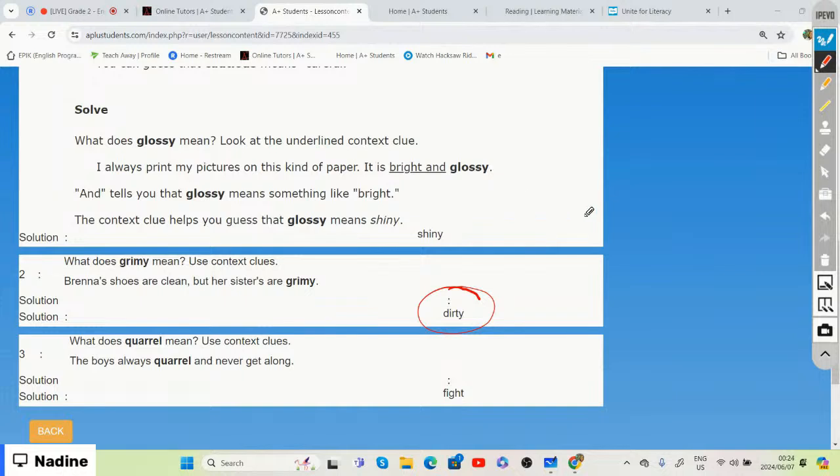So the boys always quarrel and never get along. Another, we need to choose a word that means quarrel. What do you think quarrel means? You're quarreling and you never get along. What does it mean?